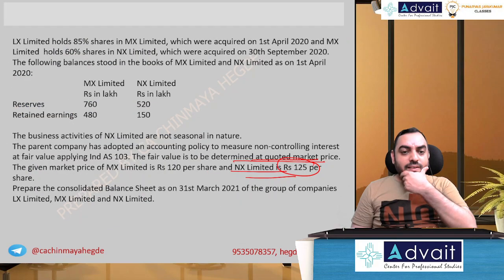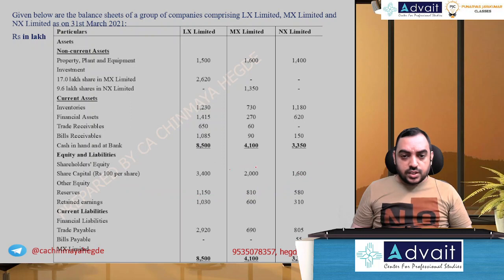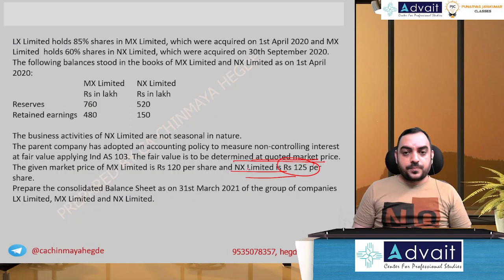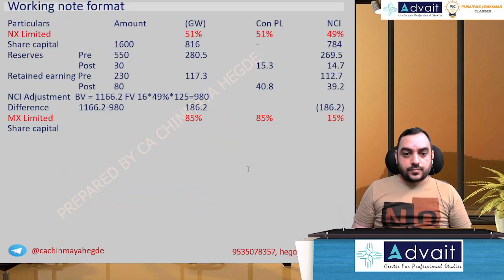Their share capital, looking at this one, is 2000. 85%, 1700, nothing in Con PL. I think 300 comes to NCI.